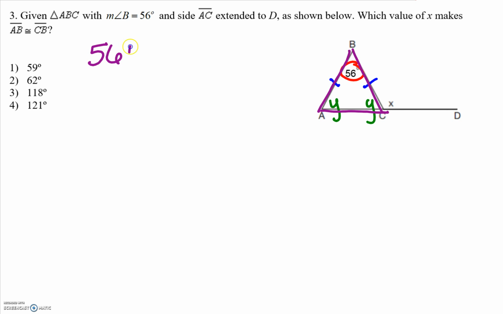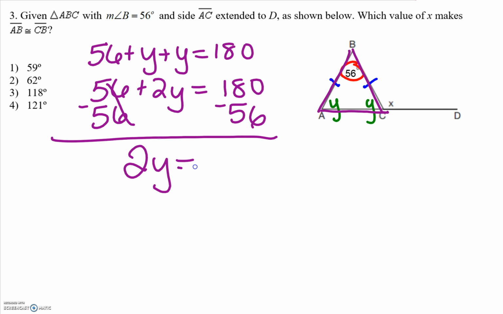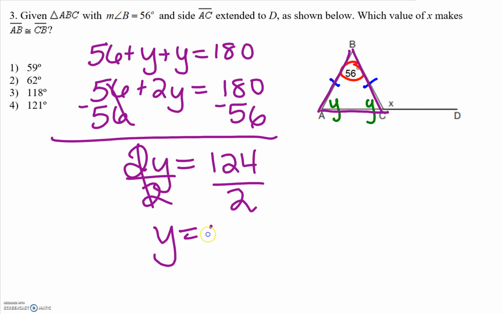So 56 plus y plus y equals 180. Combining like terms on the left-hand side, 56 plus 2y equals 180. I'm going to subtract my 56, and we have 2y equals 124. Divide by 2, and y is equal to 62.